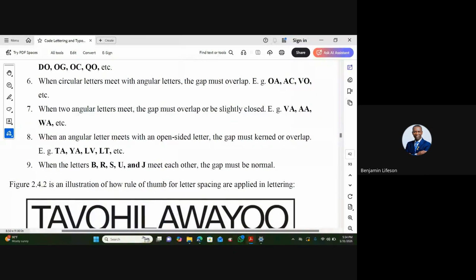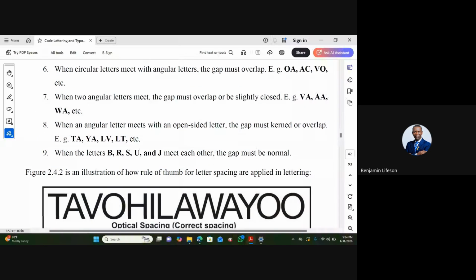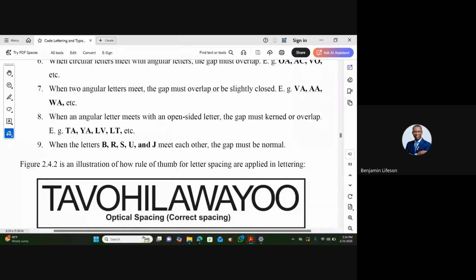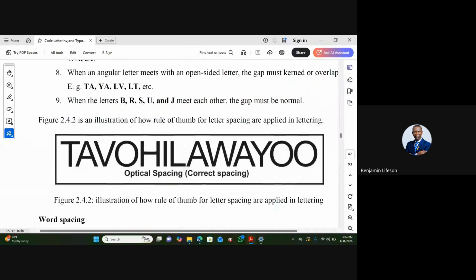All right. 8. When angular letters meet with an open-sided letter, the gap must close or overlap. All right. So that is it. So we have this over here.